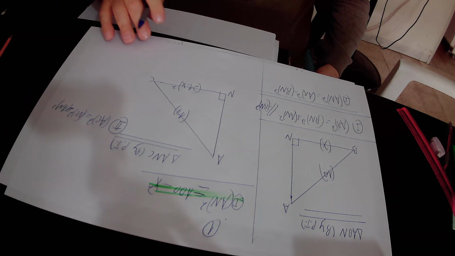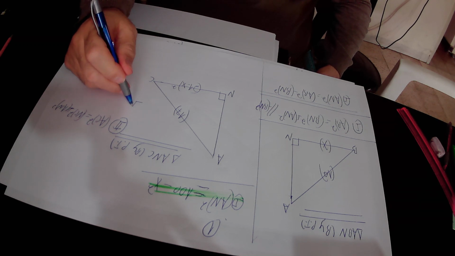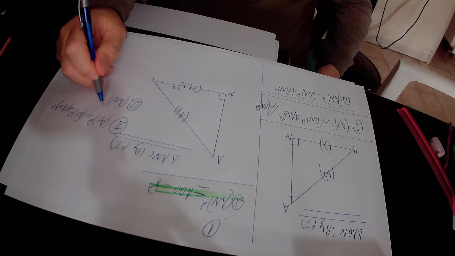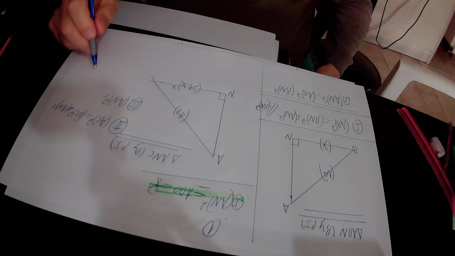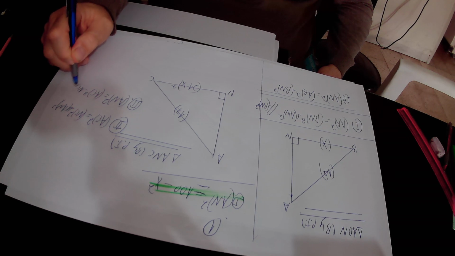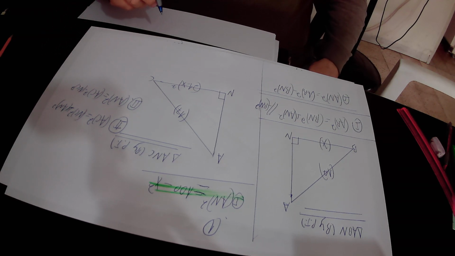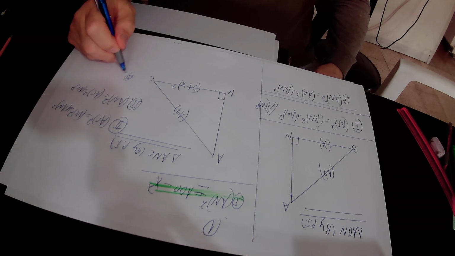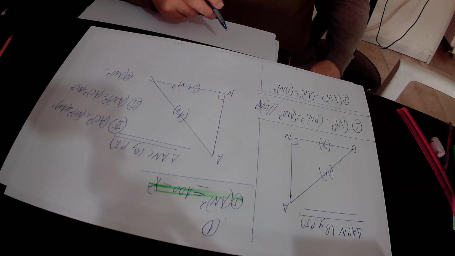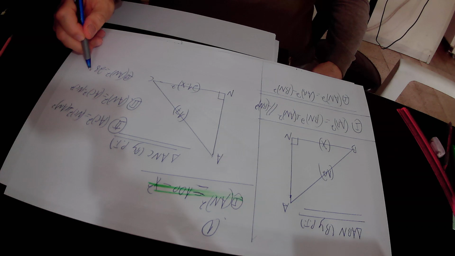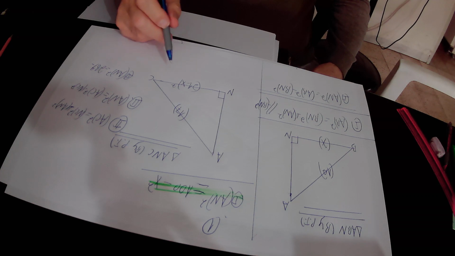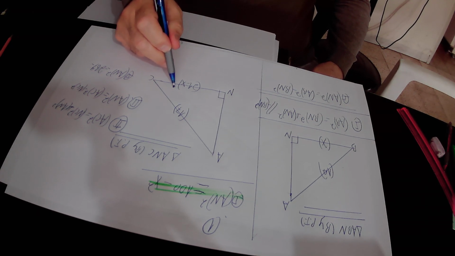Here we subtract NC squared from this equation, and we get that according to equation 2, AN squared equals AC squared minus NC squared. AC is 17, therefore AC squared is 17 squared, that is 289, minus NC squared. NC is 21 minus x, therefore NC squared is 21 minus x squared.